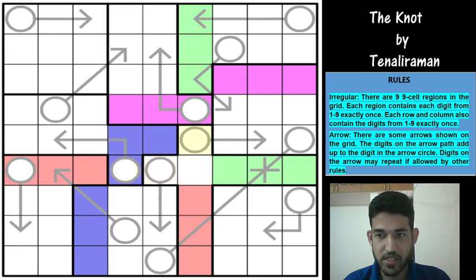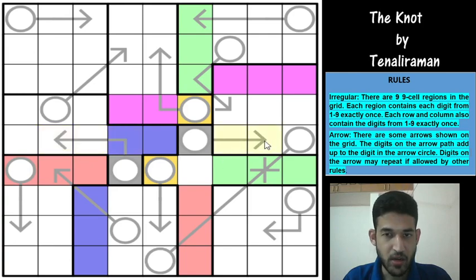Let us use some notation, maybe a gray cell, that's equal to that, and this, let me use yellow color, is equal to this, right? And if you look at these arrow stems now, I know that the minimum sum is going to be 1 plus 2 plus 3 plus 4 plus 5, which means that the minimum sum from these two circles must be 15, right?